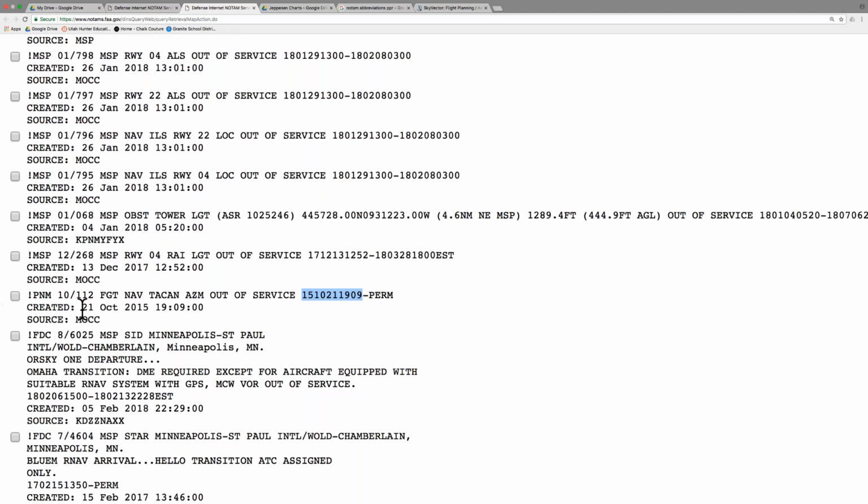You won't always have this created or source, but it has been in the NOTAMs for Minneapolis since October of 2015. And it was the 112th NOTAM of October that year. So that one will just continue to pop up until the government feels like it's not necessary to be on there anymore, and then it'll drop off the list.